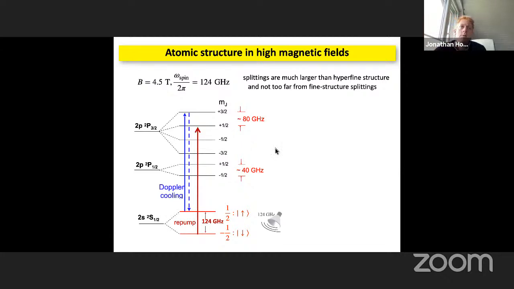One nice feature of beryllium is that if you start in the spin 1/2 ground state and you excite into the MJ spin +3/2 state, the only place that you can possibly decay to in that atom is back to the same state that you started with. And so you need really one laser to do laser cooling. That's just based on selection rules.